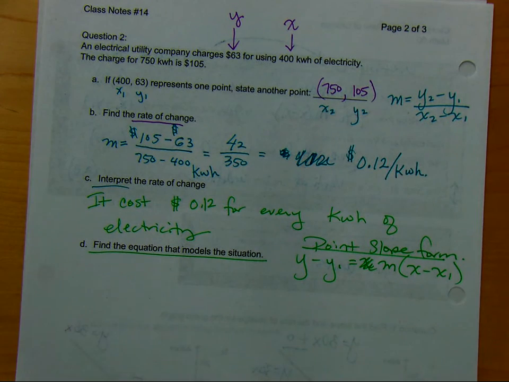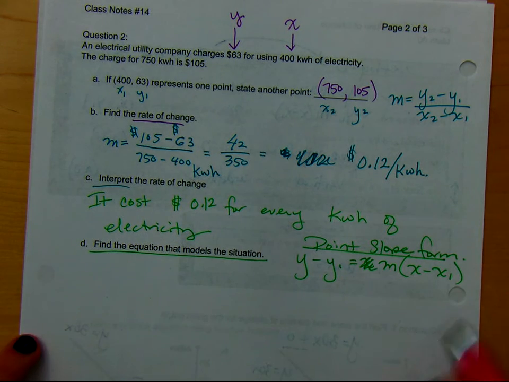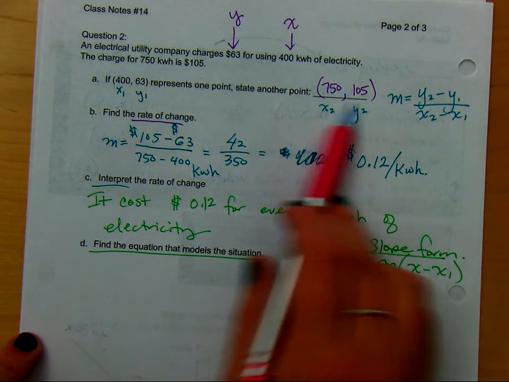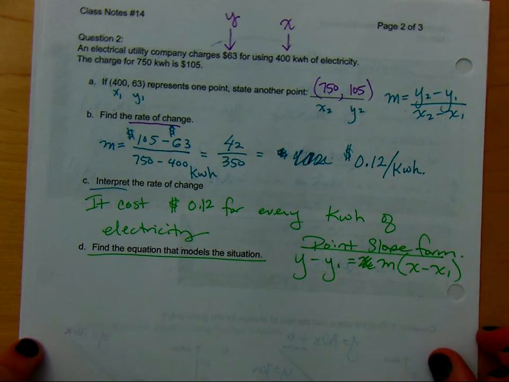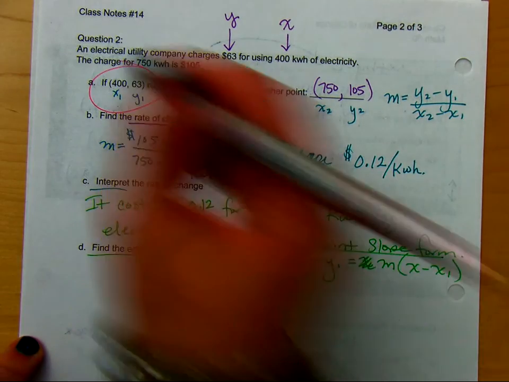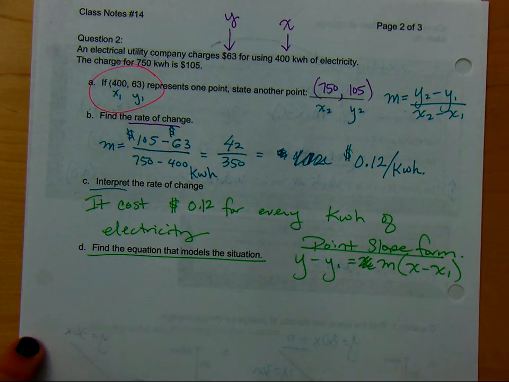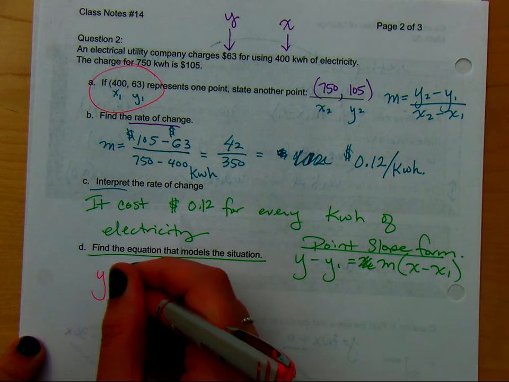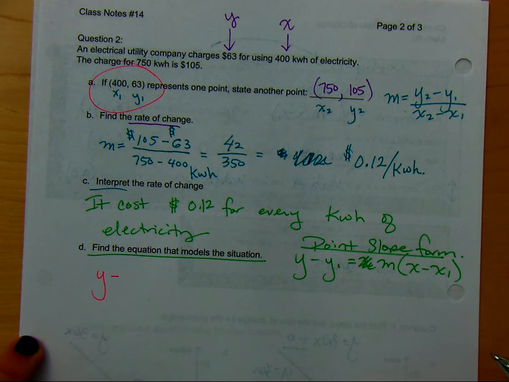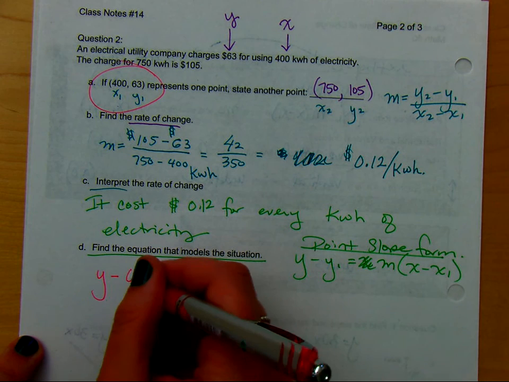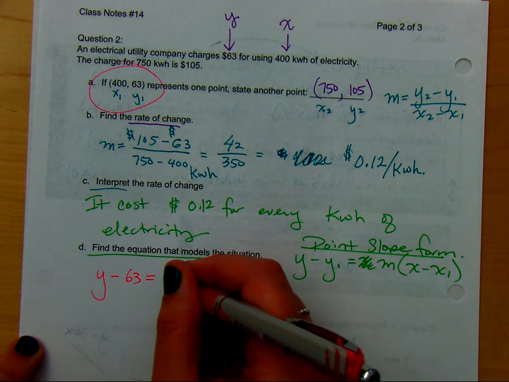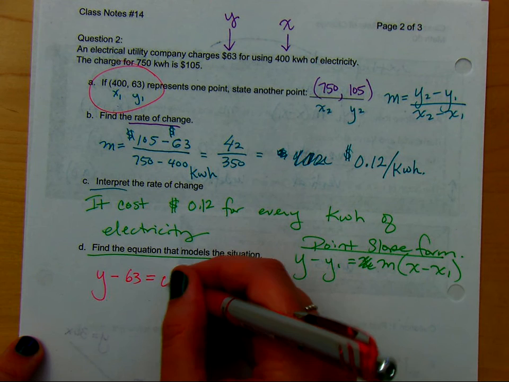Okay, and then we can go ahead and plug these numbers in. So which point do you want to use? Doesn't matter, we can use either one. For consistency's sake, we'll just use the first one. So we would have y minus, what number? Good, 63 equals m, what's m? Oh, that's our 12 cents.